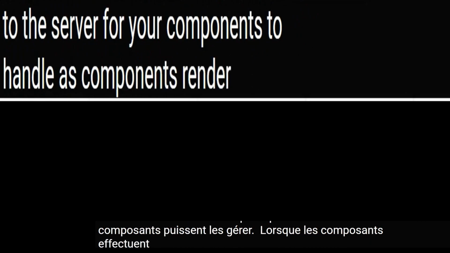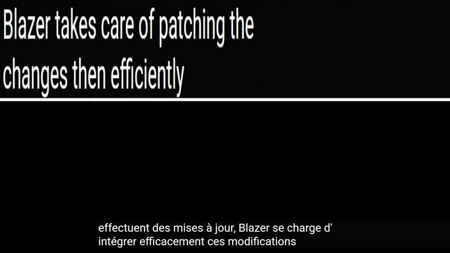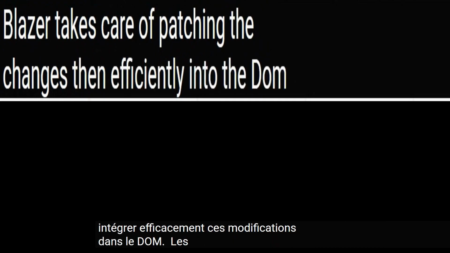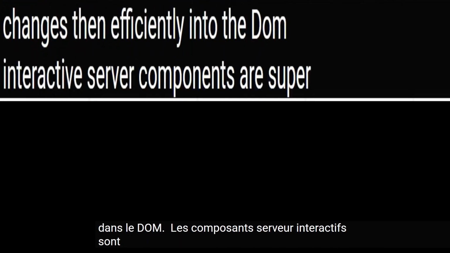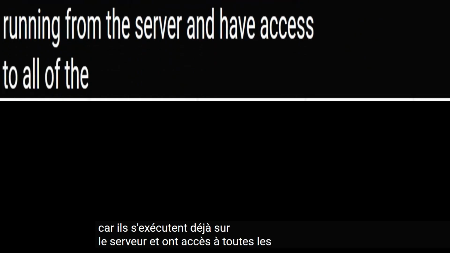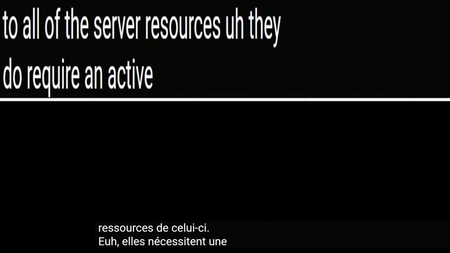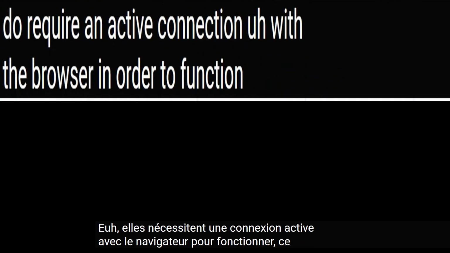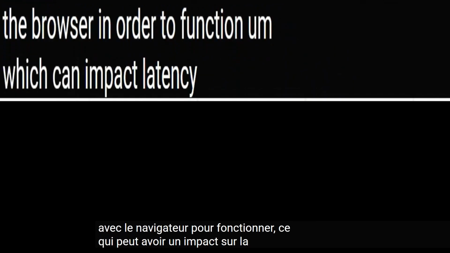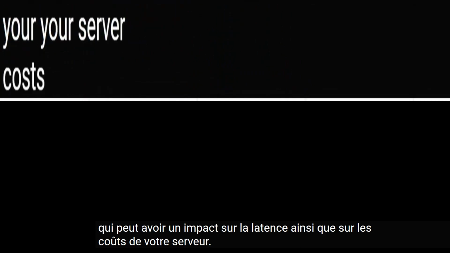As components render updates, Blazor takes care of efficiently patching the changes into the DOM. Interactive server components are super convenient because they are already running from the server and have access to all of the server resources. They do require an active connection with the browser in order to function, which can impact latency as well as your server costs.